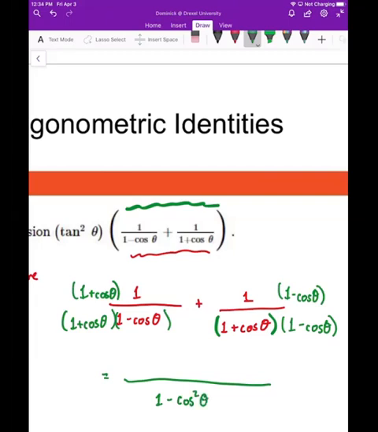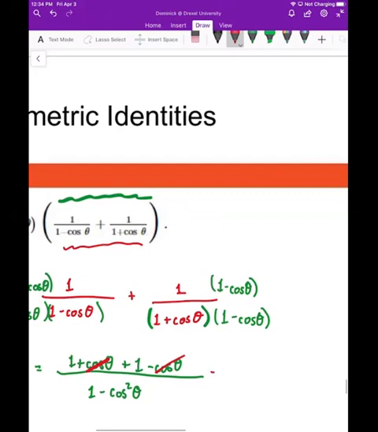In the top, we get 1 plus cosine plus 1 minus cosine, so the cosines cancel out and we're just left with a 2.